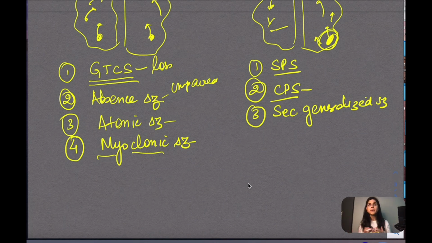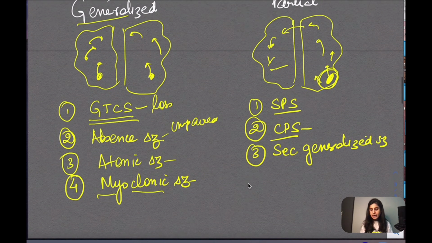If the patient presents, we cannot distinguish whether it's primary generalized or secondary generalized. On EEGs or scans, you can make out that the focus was here and then it spread to the other side. As I told you, temporal lobe epilepsies are more common, and partial seizures can be because of some focus, it can be due to some cancers.